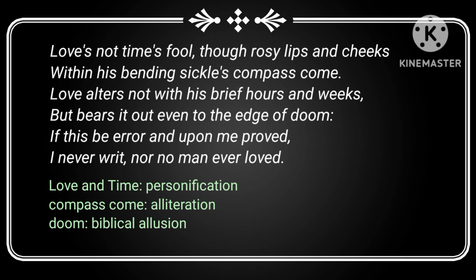And therefore, they were unable to understand, to comprehend his love for his friend. So in this sonnet, Shakespeare is expressing his love for his friend, and he speaks about the constancy of their love.